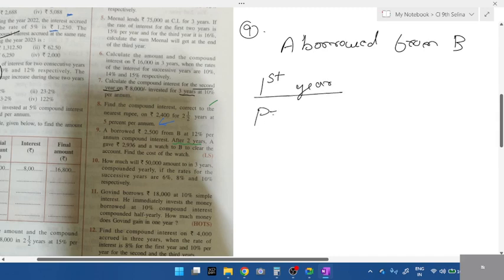What is principal, students? Principal is 2,500. Rate is equal to 12%. And what's the time? Time is equal to 1. Calculate for first and second year. Tell me the interest, students.